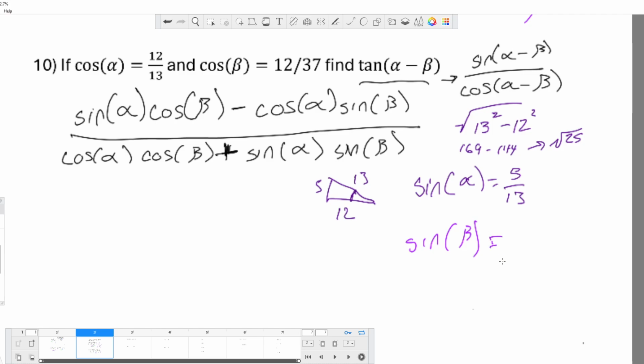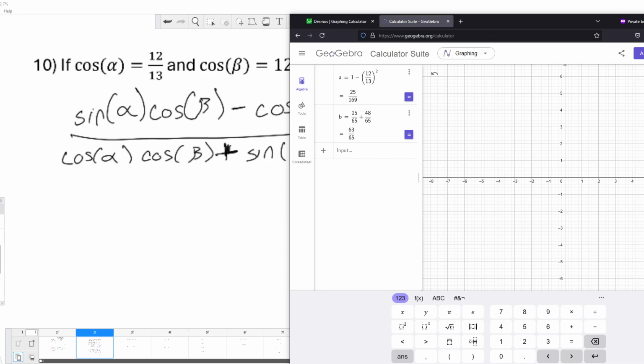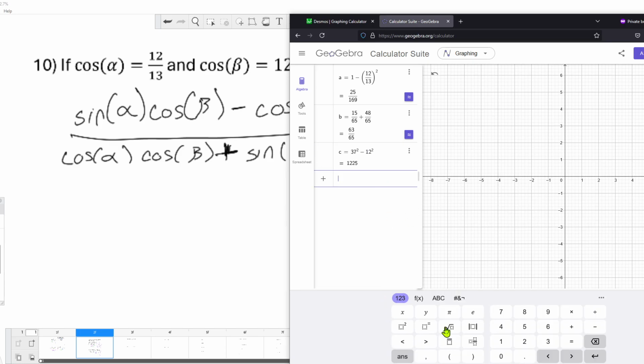This other one's a little bit trickier. I mean, it's the same process, I just don't have these squares memorized. So we've got 37 squared minus 12 squared, and that would be 35. So the missing side there is 35.